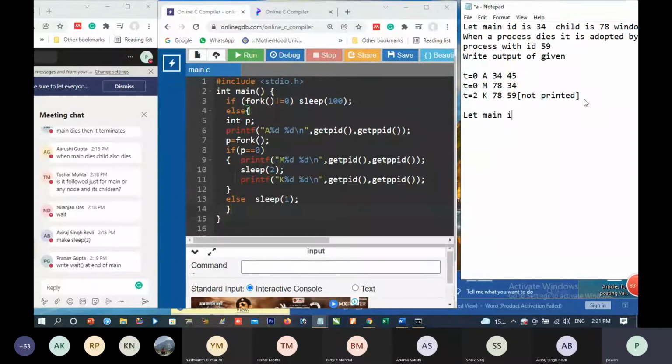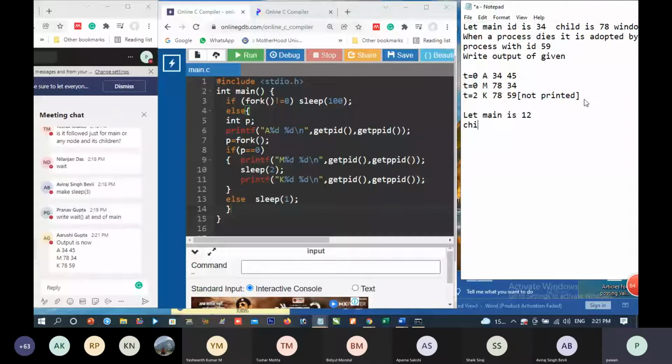Let main be 12, child 34, grandchild 78, and adopting process is 59. See the effect of it now.